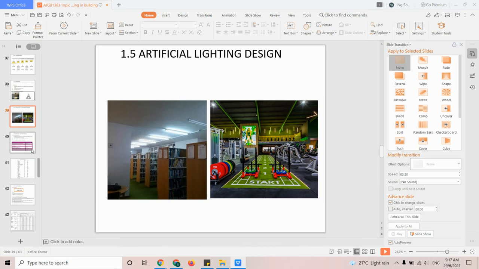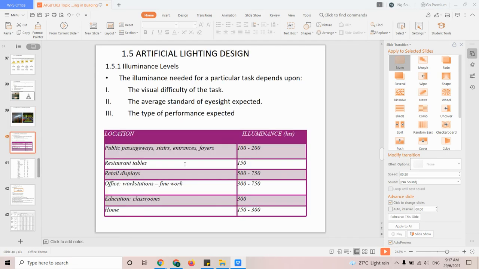Okay, next one. When it comes to lighting design, based on different locations, you have different levels of illuminance. This represents the task that we want to do in that particular area. So in an area like a classroom or office, we will require a higher level of illuminance, because we need to do work in that area, as opposed to a public passageway.